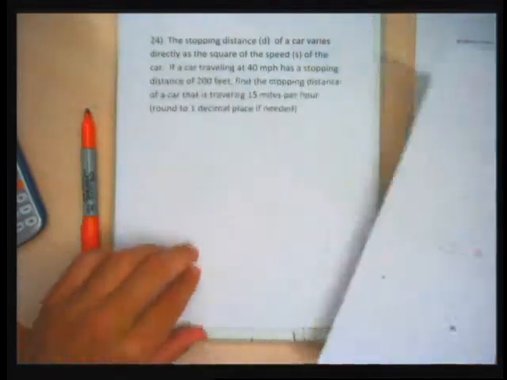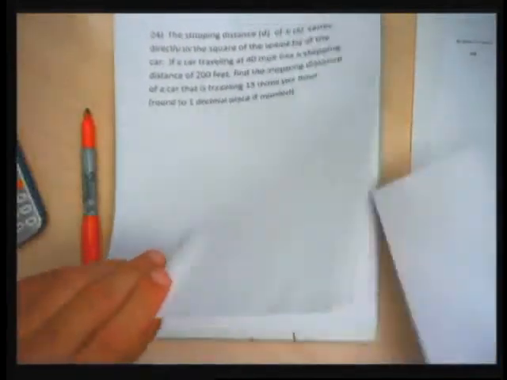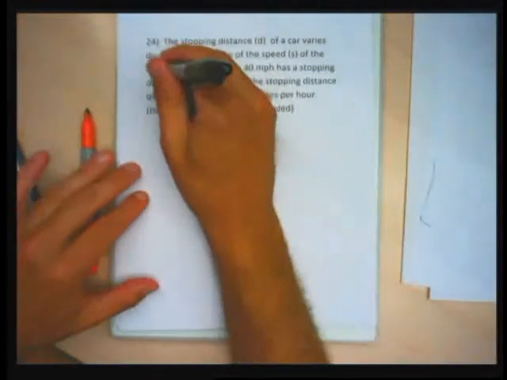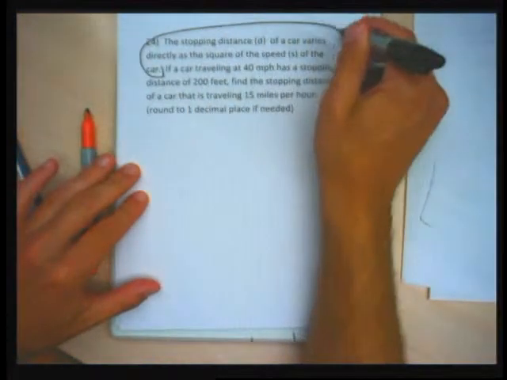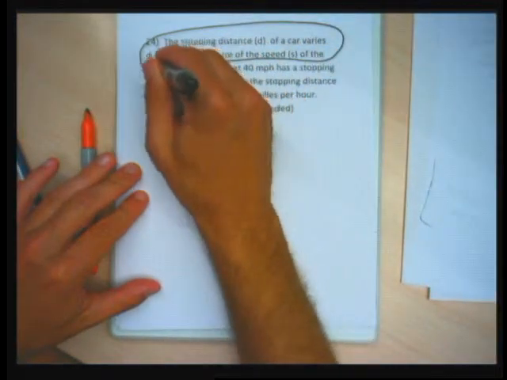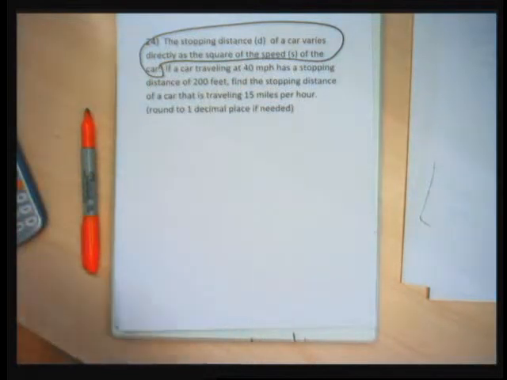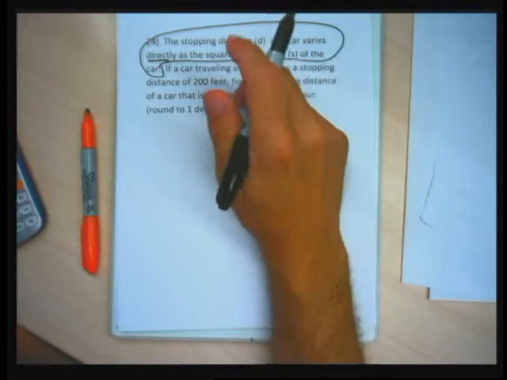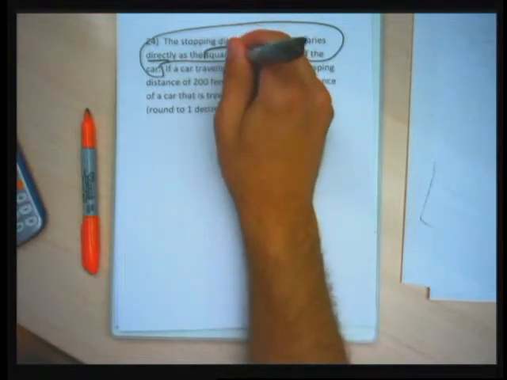So 24, same steps as I just did. First, I'm going to look at the first sentence. I look for keywords to tell me whether I'm multiplying or dividing. The keyword is directly, so I know when I come up with my equation, it's just going to be multiplying. The first thing I know is the stopping distance varies directly as the square of the speed.